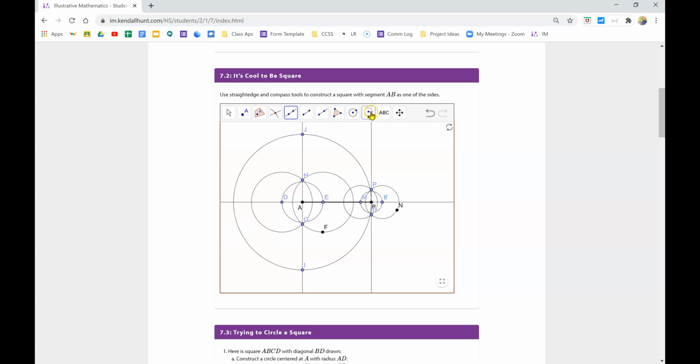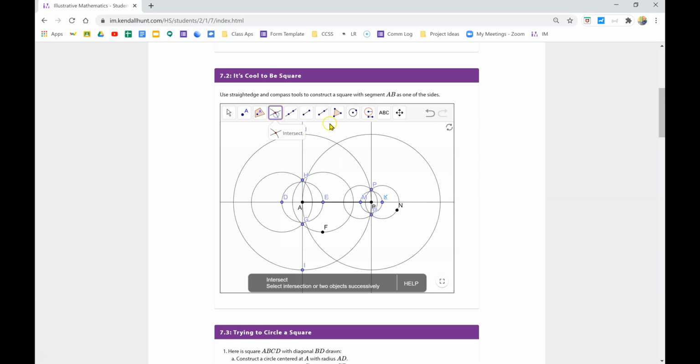And then I have to figure out how to draw that segment the same length as AB, so I take the circle tool, click on B and on A, and put that circle right here at B. Take the intersection tool, click the circle, click the line, and there's my fourth point on the square.